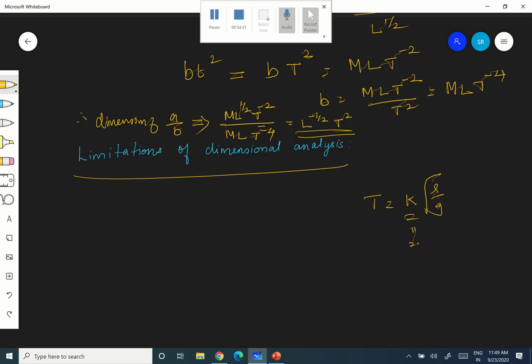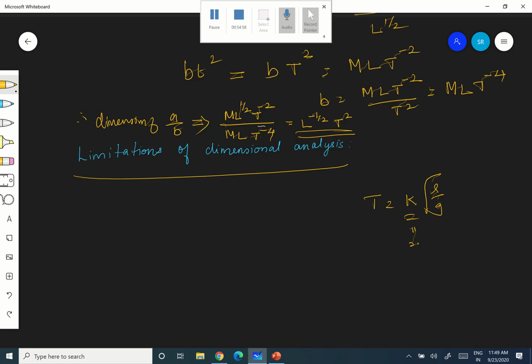A physical quantity x may depend on mass, frequency, time, whatever. Like that only 3 quantities they will give. They won't give a 4th quantity. Why? Because if a physical quantity depends on more than 3 quantities, you cannot apply dimensional analysis.